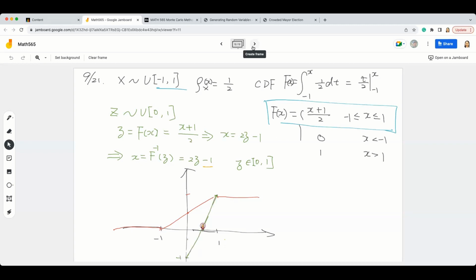When I do this, for F inverse, I always consider this as X and this as Y, as the input. Otherwise it would just be the direct one, because the values it crosses are just from 0 to 1. You just map it back, and you get the answer.